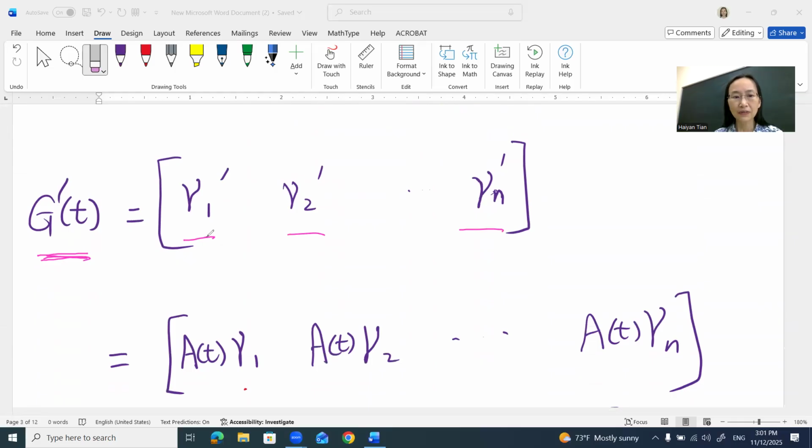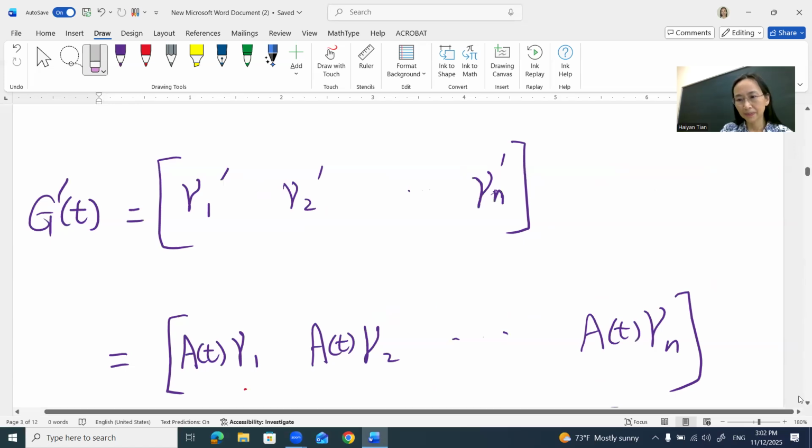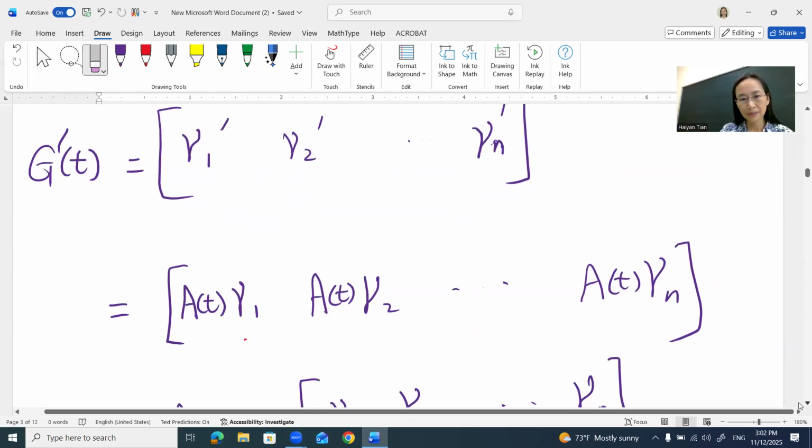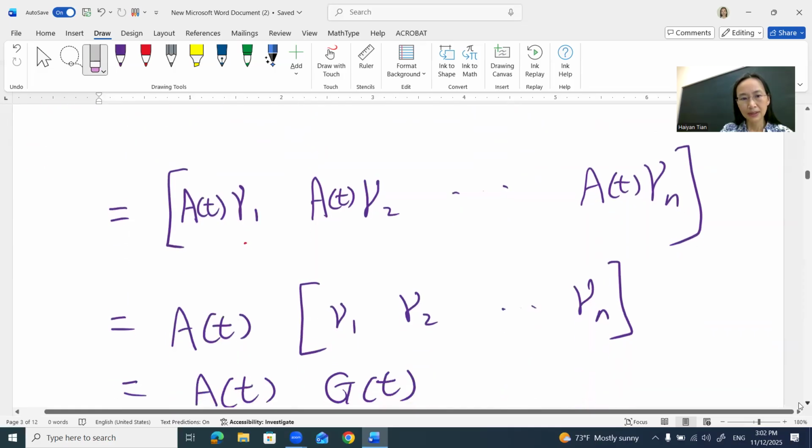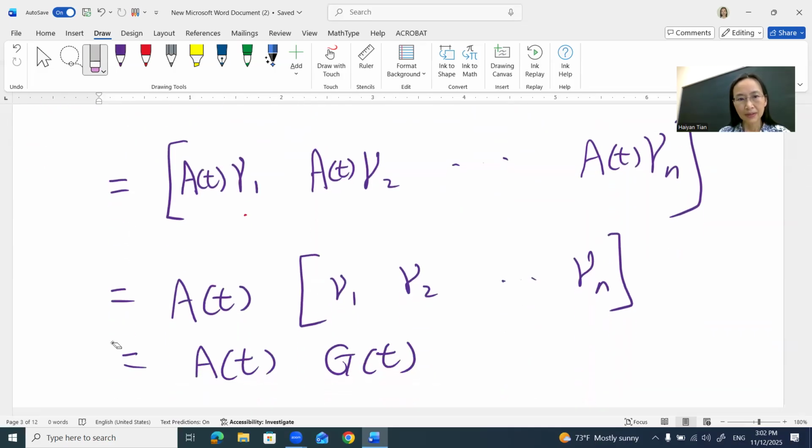And if the derivative of each column satisfies the homogeneous equation, then we can take out the matrix A. This is the same as A times all those gamma.